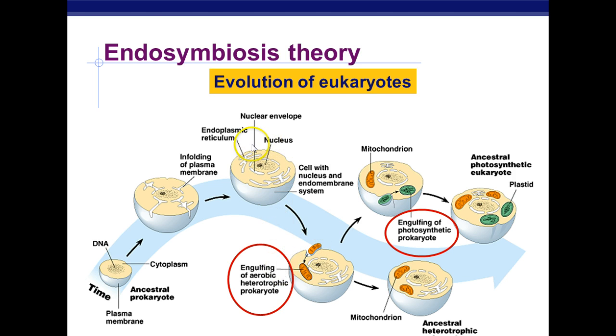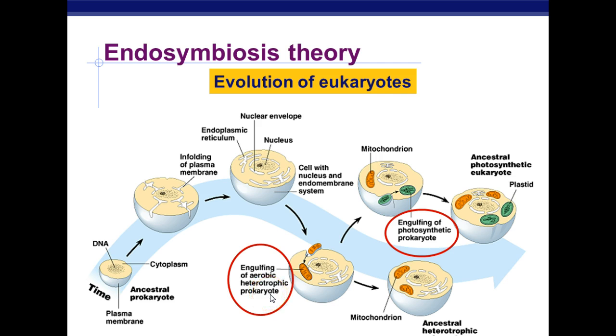So this cell has engulfed this aerobic heterotrophic bacteria, presumably because it doesn't do as good a job of manufacturing the energy on its own, and this bacteria's job is to produce energy through respiration, cellular respiration. So that's 4A: it engulfs this aerobic heterotrophic prokaryote.